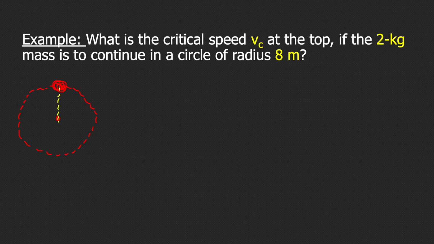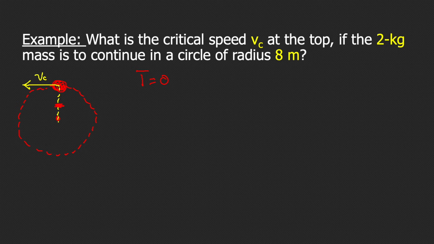For us to get the critical speed, we should make the tension here 0. So T is equal to 0, which means we will cut this string, which allows the object to move at a certain velocity, the critical speed Vc, towards this direction. So this Vc is tangent to this circle here.